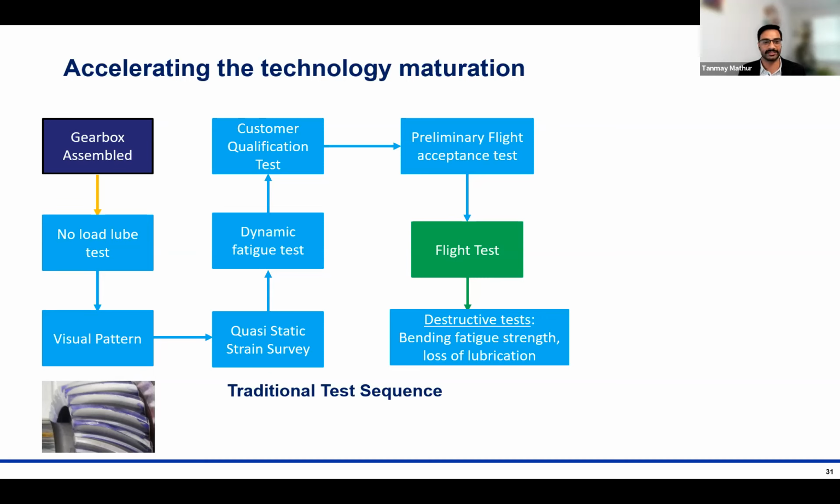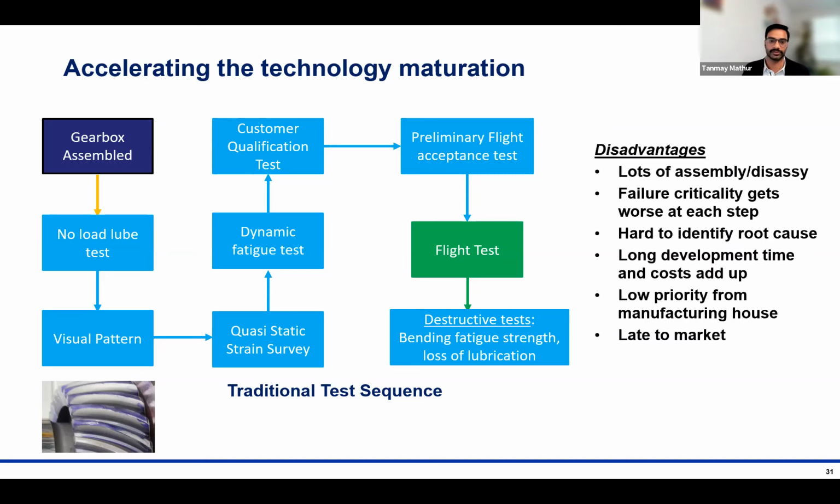So in a traditional test sequence, what ends up happening is you assemble the gearbox and do increasingly complex tests until it's validated and ready to be integrated with the aircraft and sent off to the customer. But at each step, the cost of failure increases.